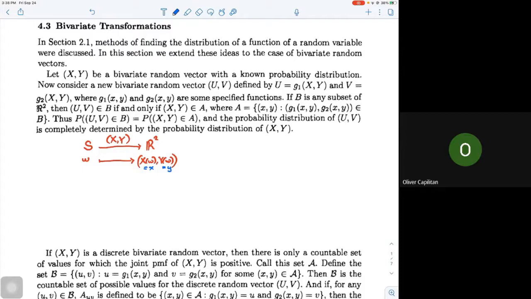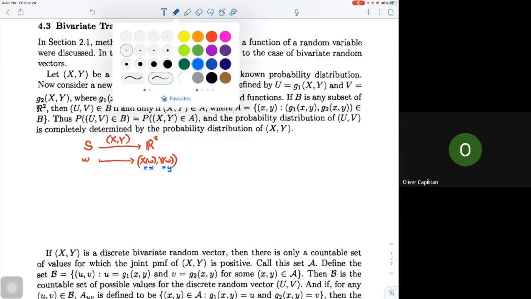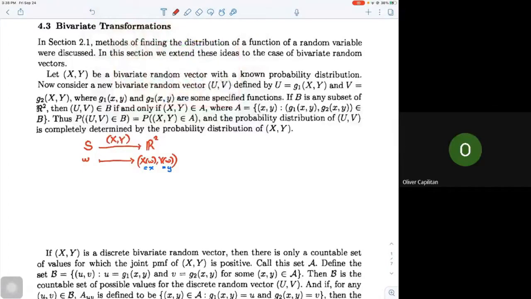And then we have the functions g sub 1 and g sub 2. Okay, again this is R square, and then we have here the two functions g sub 1 and g sub 2.